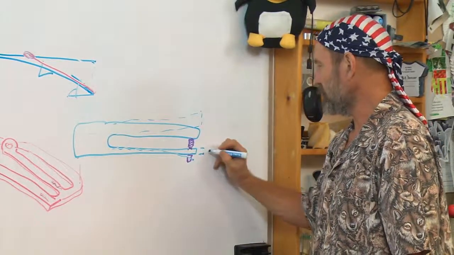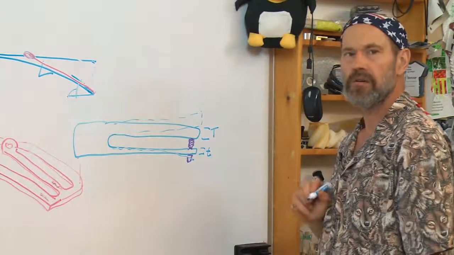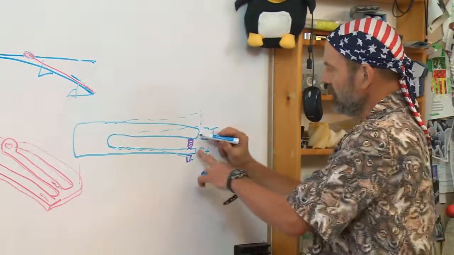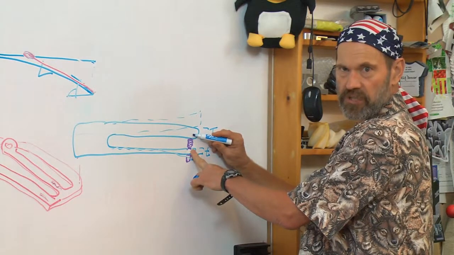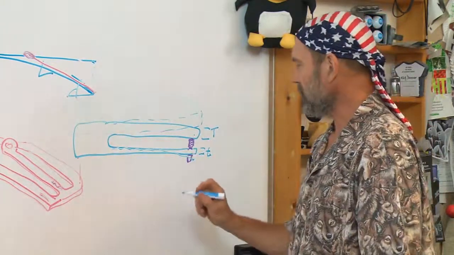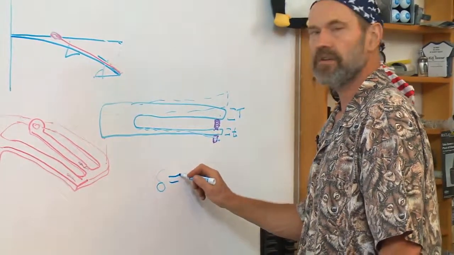But notice this, if this beam is of thickness T, and this upper beam is of thickness big T, the force from the screw is action and reaction, equal force on both beams. The deflection of the upper beam is going to equal what?